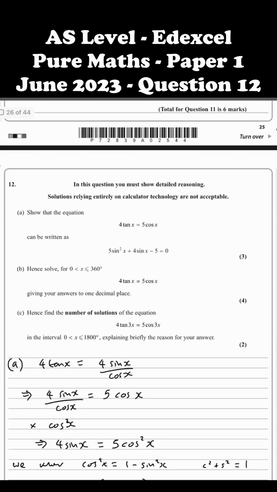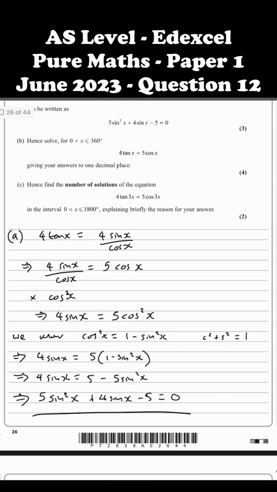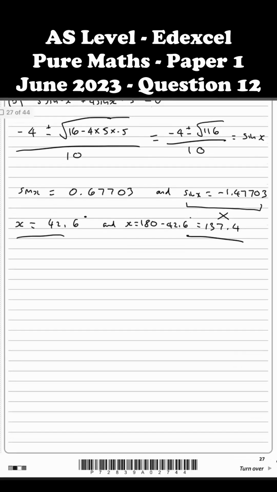Part C. Hence find the number of solutions of the equation 4 tan 3x equals 5 cos 3x in the interval between 0 and 1800 degrees, explaining briefly the reason for your answer.